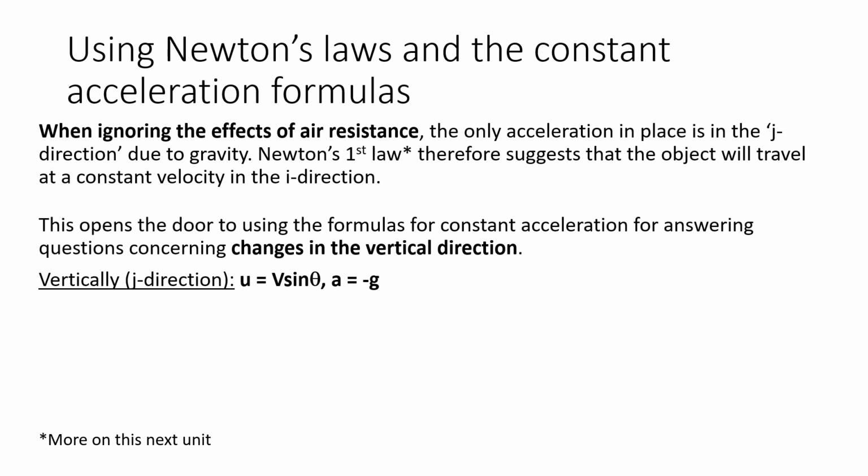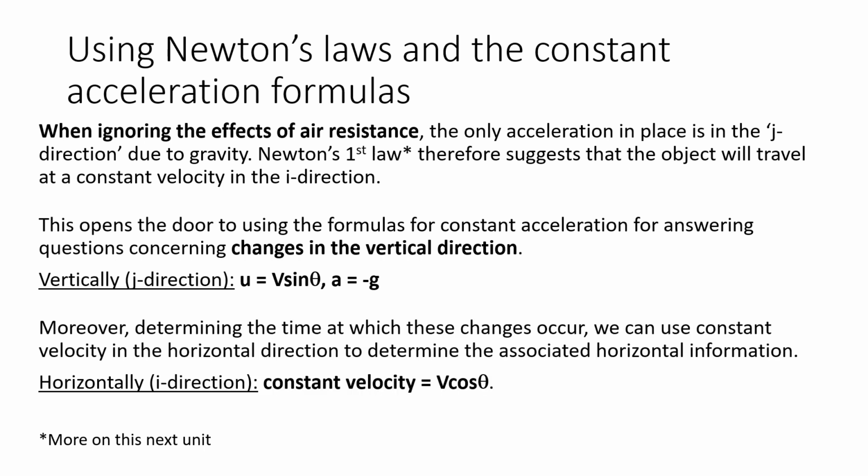Our initial velocity is the initial speed, v, as broken into the vertical direction. So v times sine theta would be our initial velocity purely in the vertical direction, and our acceleration is minus g.